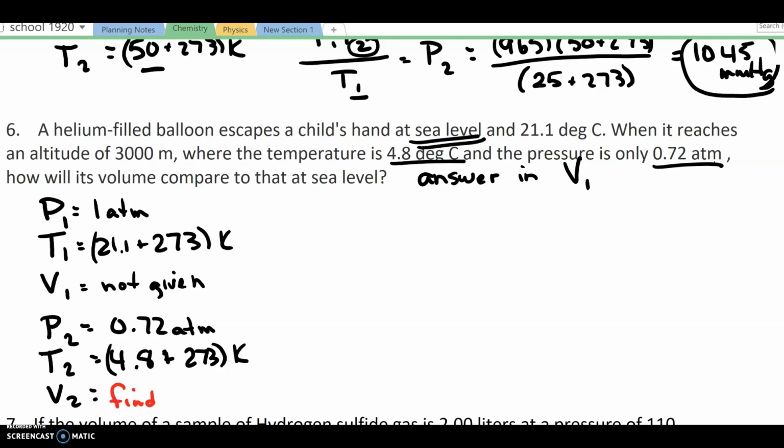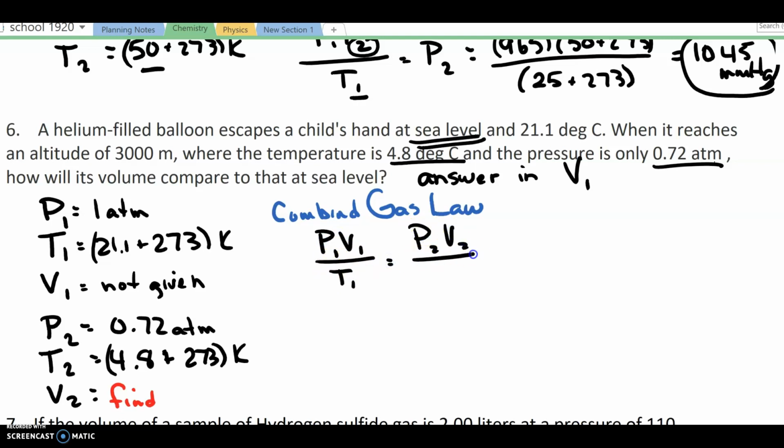Okay, this uses the combined gas law that puts together all 3 of the ones that you learned about. P1 V1 over T1 equals P2 V2 over T2. My P1 was 1 atmosphere.